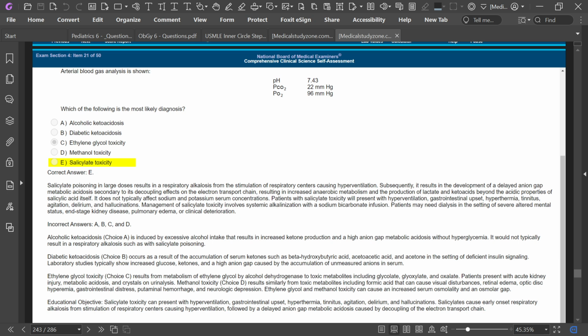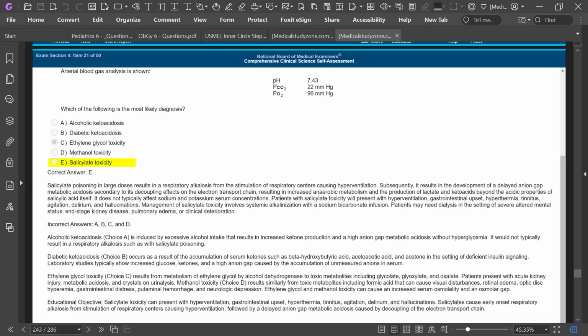Patient may need dialysis in the setting of severe altered mental status, end stage kidney disease, and pulmonary edema and or clinical deterioration.